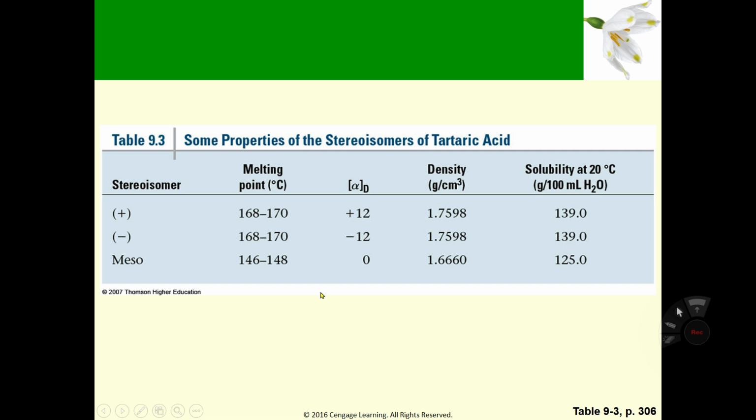So don't confuse them. Try to clearly distinguish the definition of a meso compound and its relationship with an isomer, and try to understand the diastereomeric relationship between the meso compound and enantiomers. Okay.